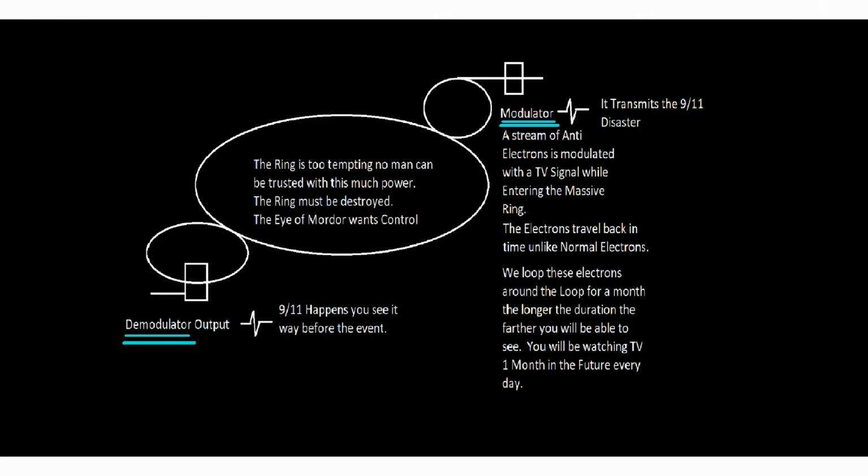Suppose we have, say, the CERN ring, and we create a stream of anti-electrons traveling backwards in time, and then we find a simple way to modulate a television signal on one end and a demodulator on the other end, and you circulate these anti-electrons through this ring at 0.99999 of the speed of light for a couple months.